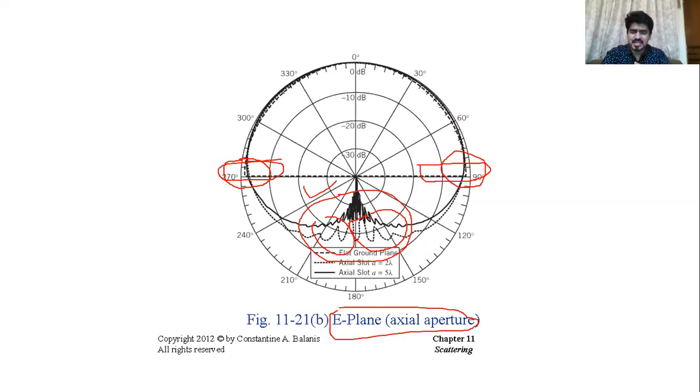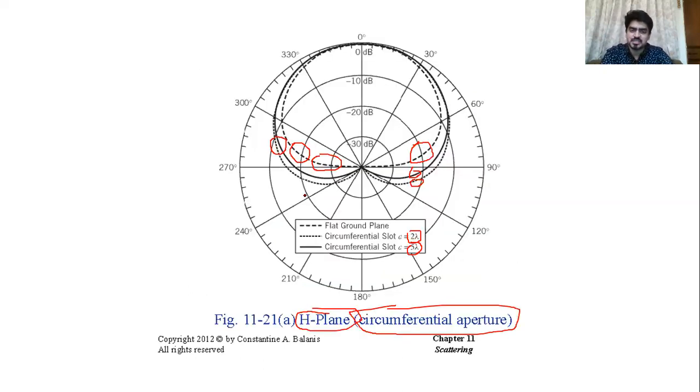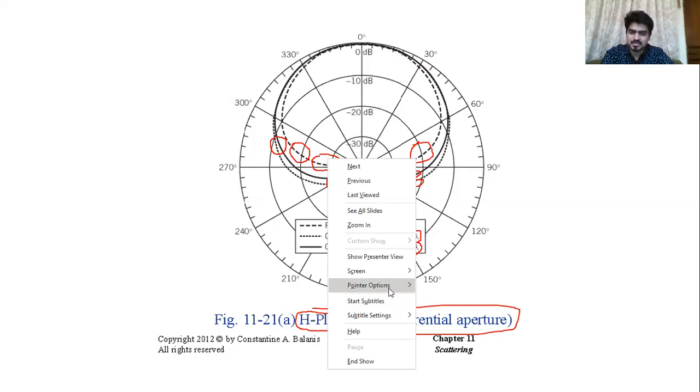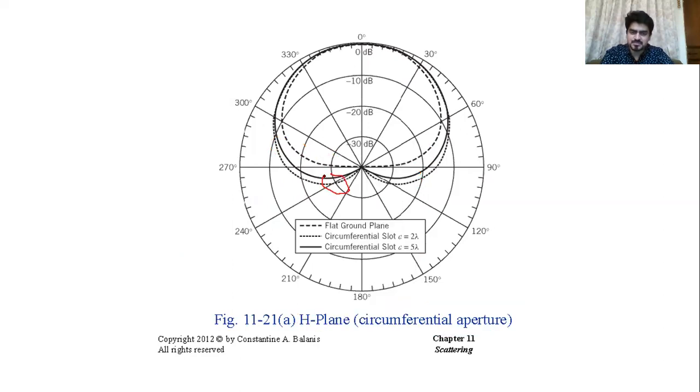Also notice that these levels are somewhere around minus 20 dB on average for 2 lambda. Now if you go back to the circumferential case, you have a perfect null here. Even if you consider these particular points here, they are around minus 30 dB, and on the proper backside it has a proper null, right?